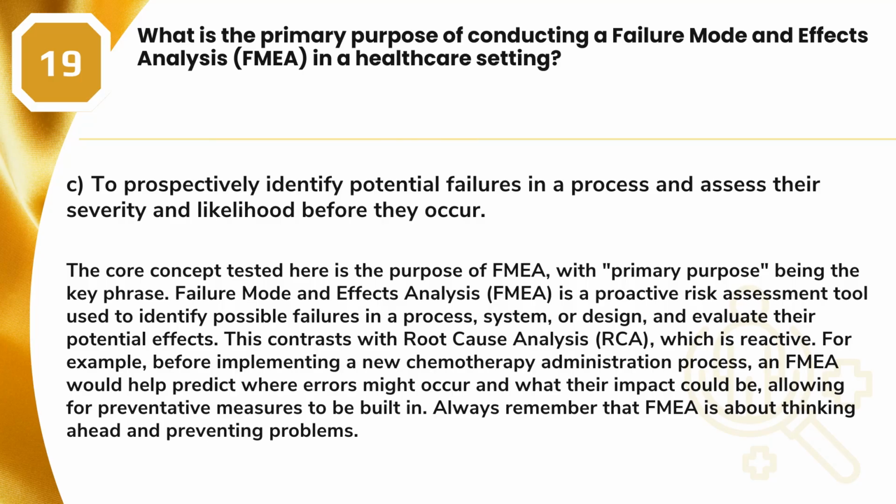This contrasts with root cause analysis, RCA, which is reactive. For example, before implementing a new chemotherapy administration process, an FMEA would help predict where errors might occur and what their impact could be, allowing for preventative measures to be built in. Always remember that FMEA is about thinking ahead and preventing problems.